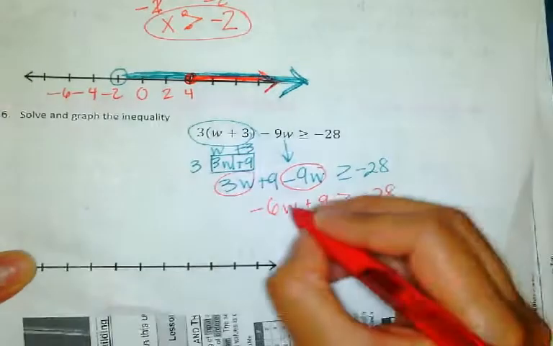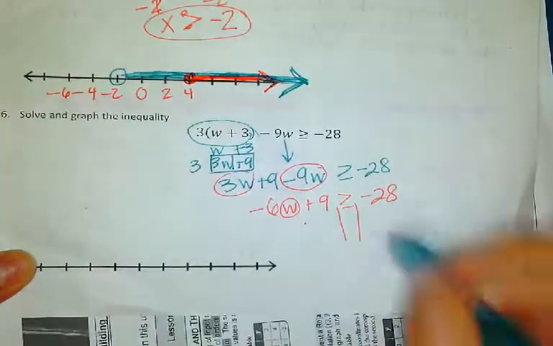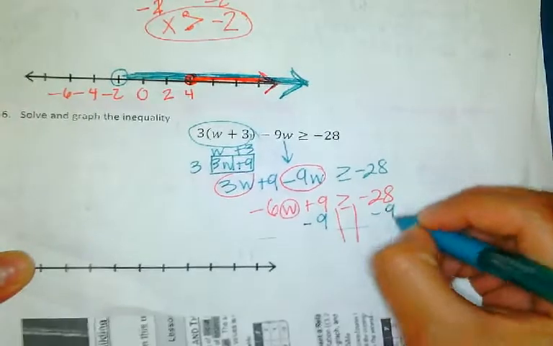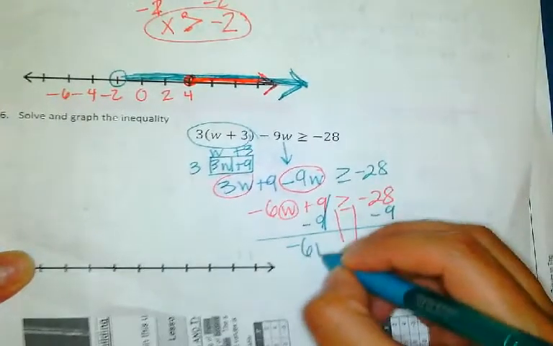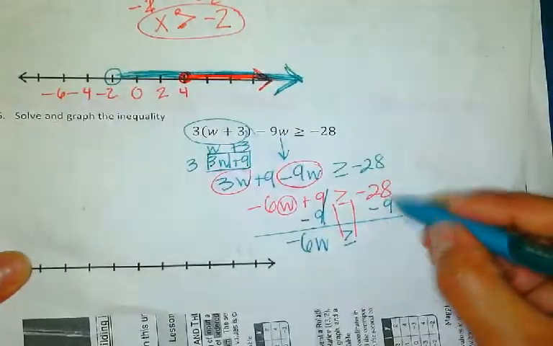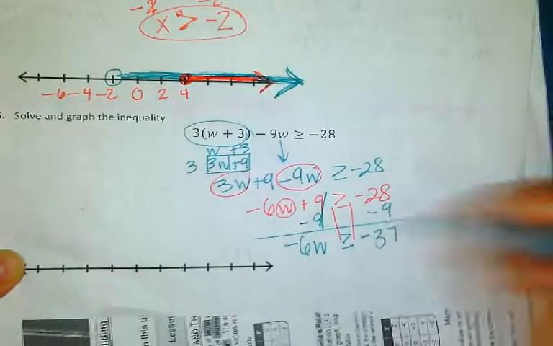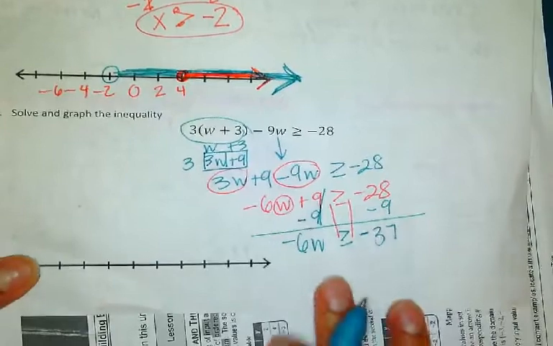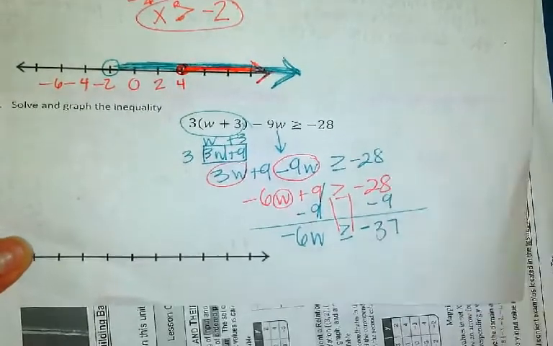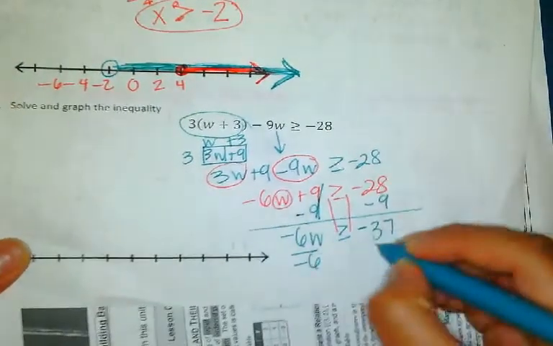These two are like terms, so I'm going to combine them together. I would do inverse operations so that I can isolate the w. These both are negatives, so I will add them together and keep the sign. And then I would divide by negative 6.